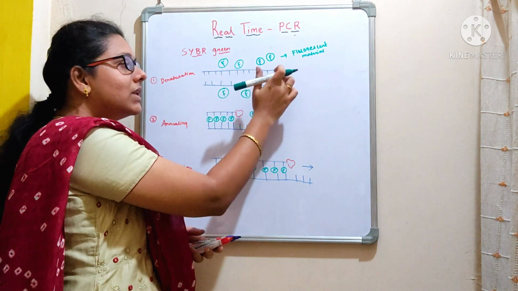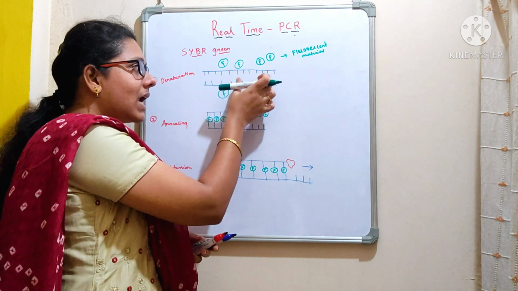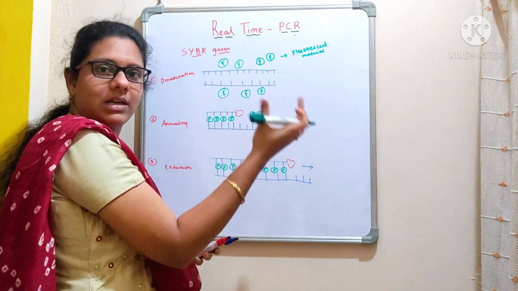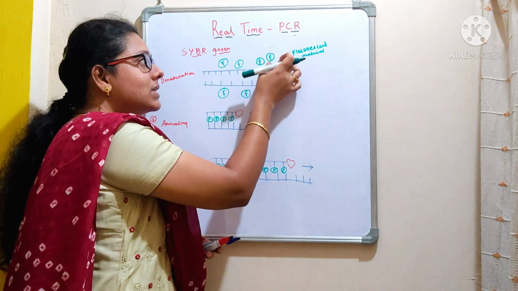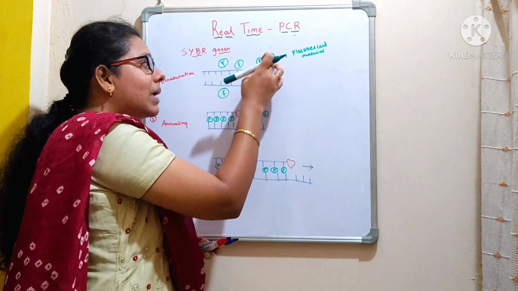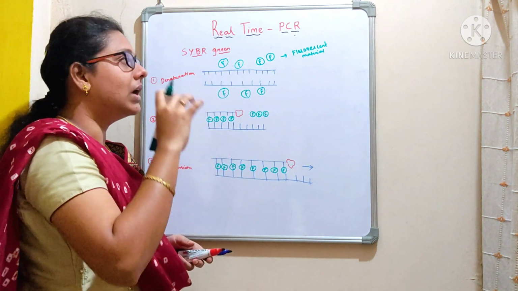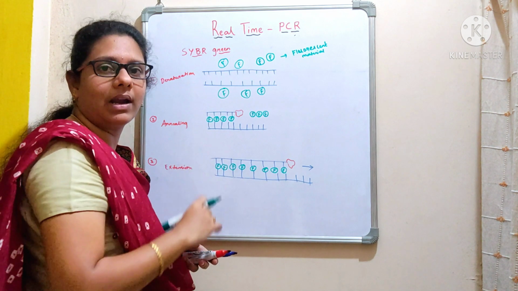So this double stranded DNA will be separated into single strands. That's what we call denaturation. This fluorescent material, the SYBR Green dye, will not bind to the DNA if it is single stranded. It will bind to the DNA if it is double stranded.